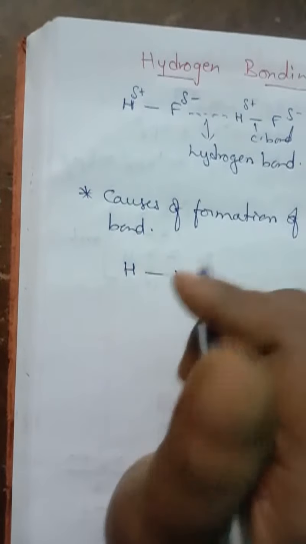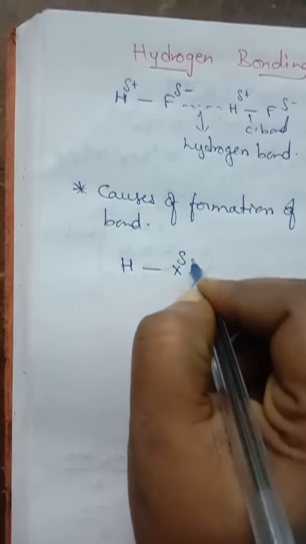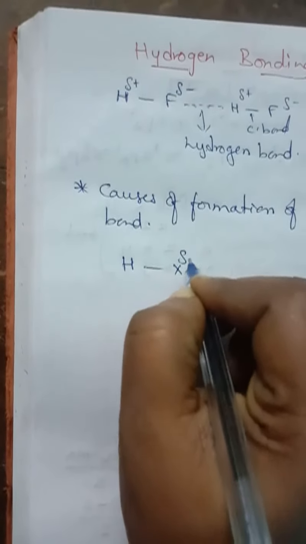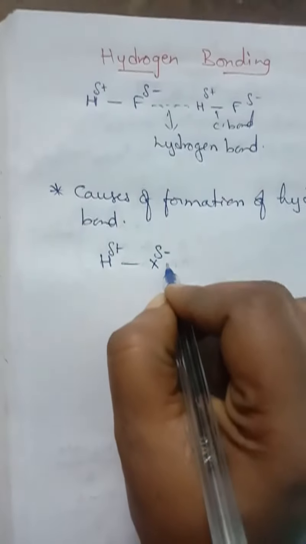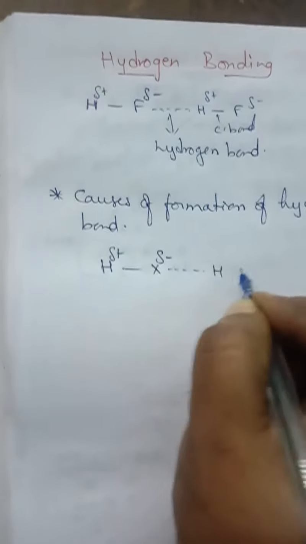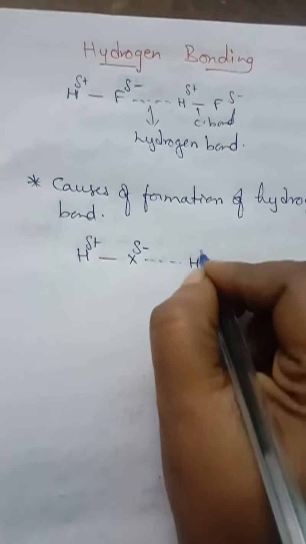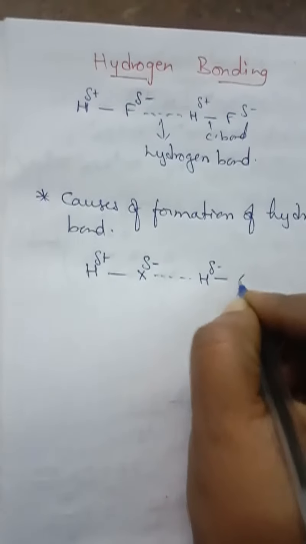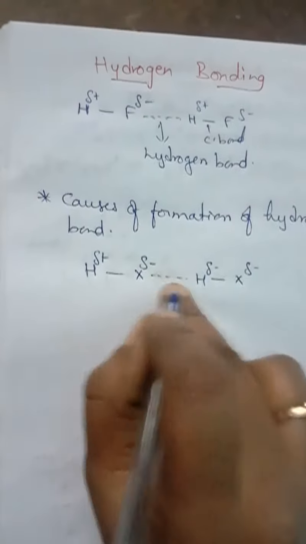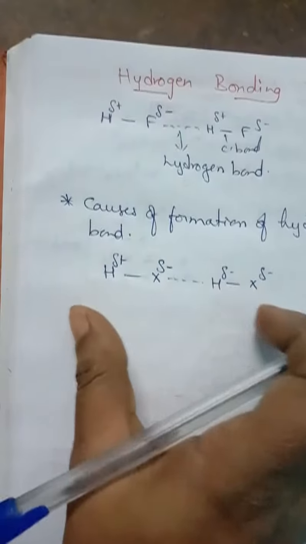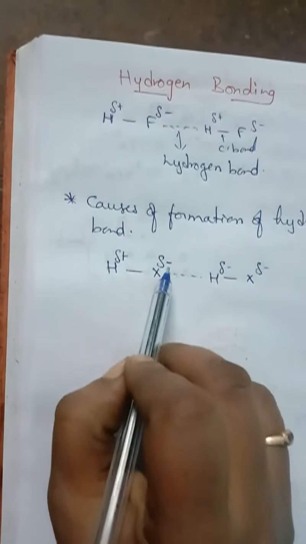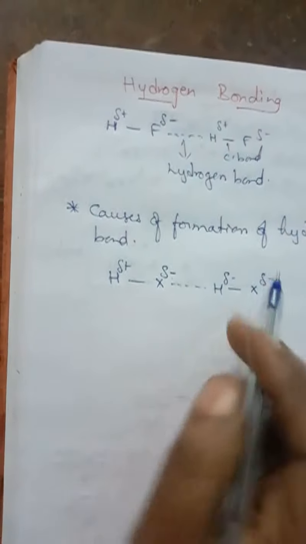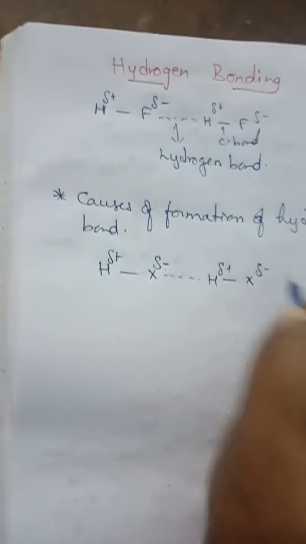The shift of electrons towards this element causes it to get a partial negative charge, so this one gets a partial positive charge. And again it combines with another hydrogen atom. So this is hydrogen bond, this is covalent bond. This results in the formation of a polar molecule. One will be positive, another one will be negative.